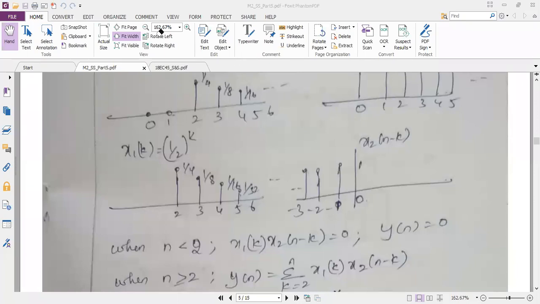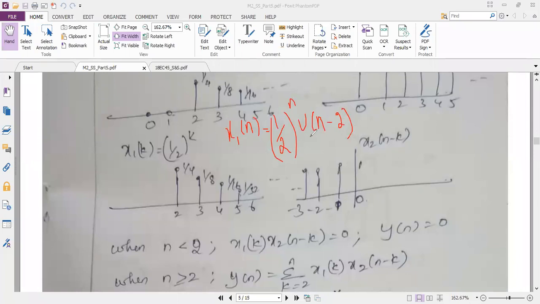Ambika, is my question clear to you? x1 of n is equal to, your question is 1 by 2 power n u of n minus 2, right?